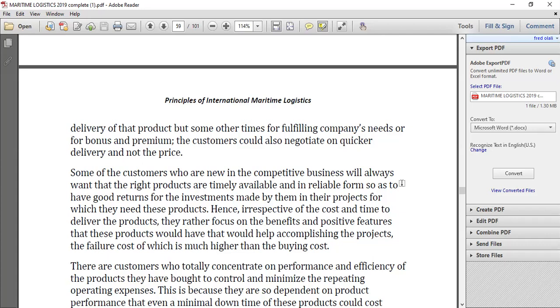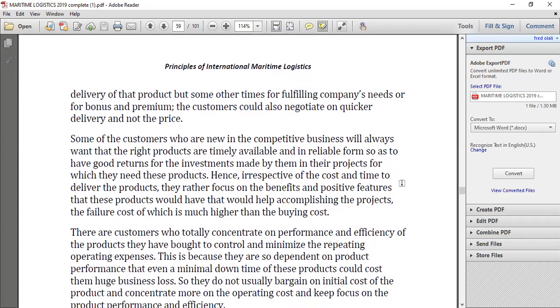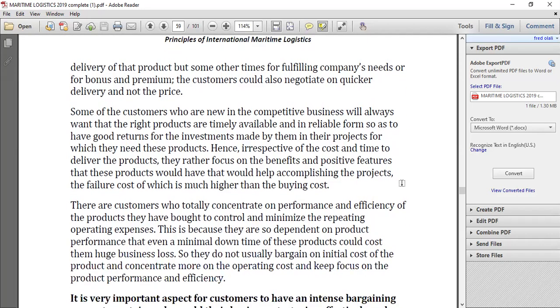Then there are customers who totally concentrate on the performance and efficiency of the product, both to control and minimize the recurring operating expenses. This is because they are so dependent on the product performance that even minimal downtime will cost them huge business loss.